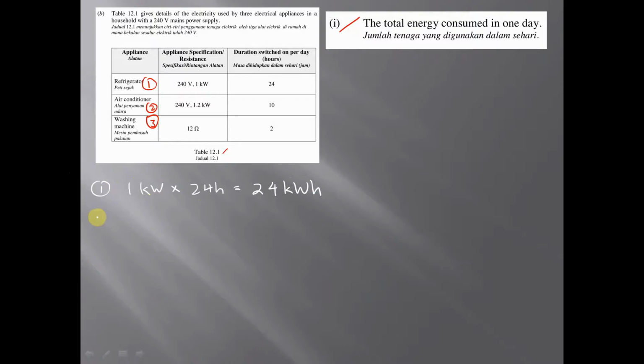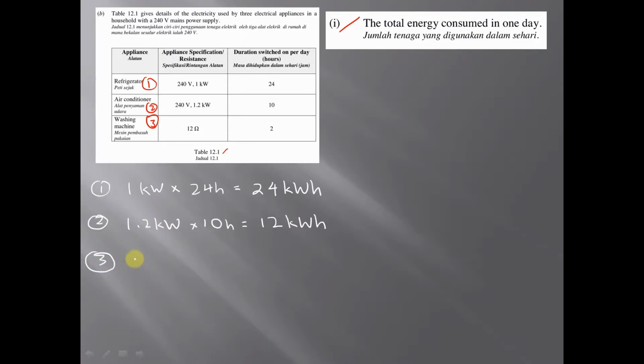Alat yang kedua pula adalah 1.2 kilowatt multiplied by the 10 hours. So obviously you will get 12 kilowatt hour. As simple as that. Tapi alat yang ketiga dia memberikan kita ohm sahaja. But you need the power.